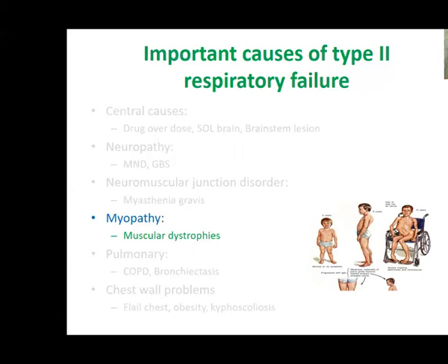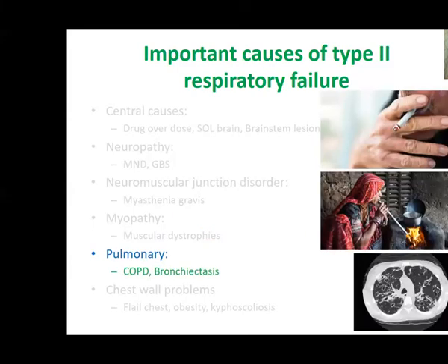The causes are: the respiratory center gets depressed, the nerves which are bringing the stimulus to the muscles are affected, the junction between the muscle and the nerve is impaired, the muscles themselves are impaired, and sometimes pulmonary conditions like COPD or bronchiectasis.